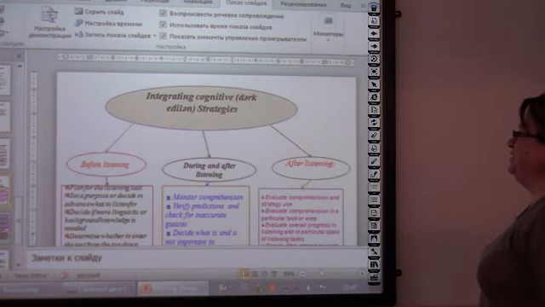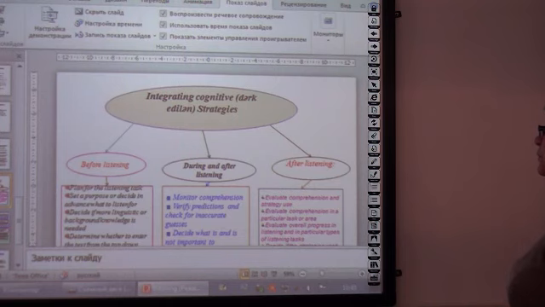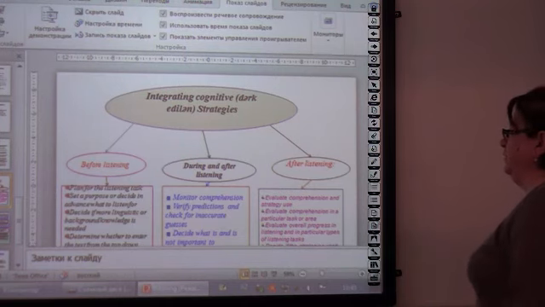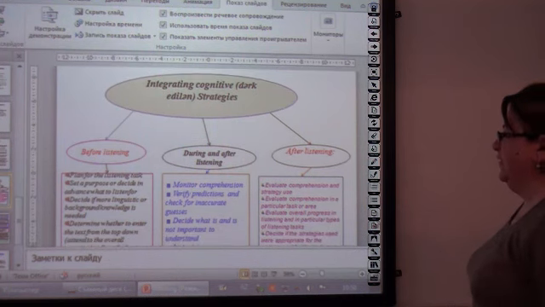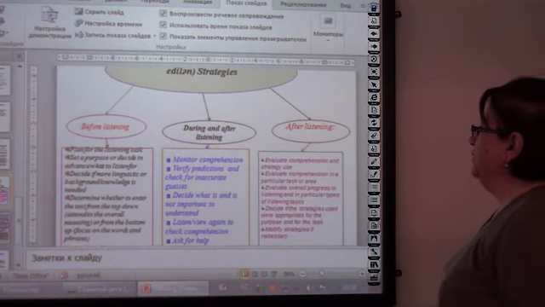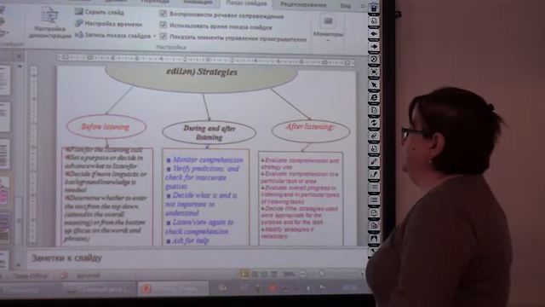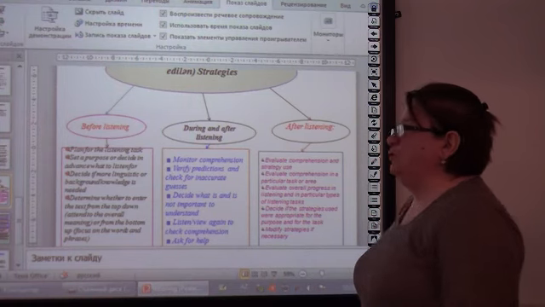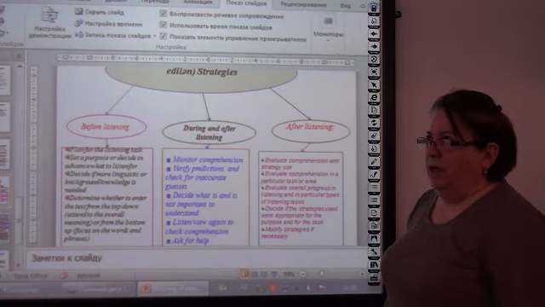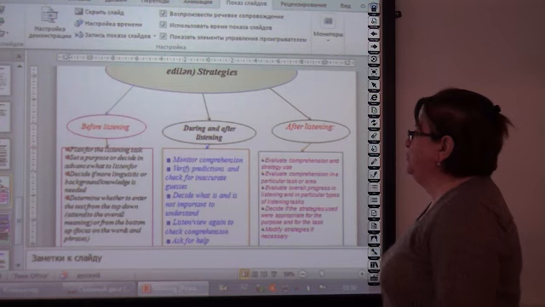integrating cognitive strategies. There are three points of strategies: before listening, during listening, and after listening. Okay, then before listening, we should plan what we are going to give the students to listen to.